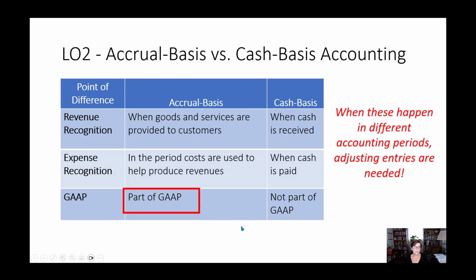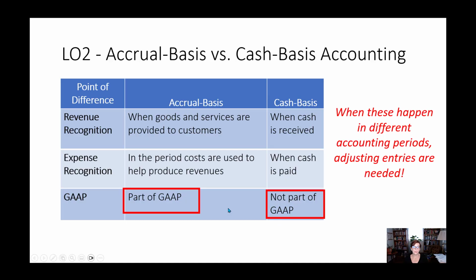Now, cash basis is not part of GAAP. Cash basis says you only record your revenue when cash is received and you only record expenses when cash is paid. So that does not work for GAAP. We're not going to be doing that, but you might see cash basis accounting.